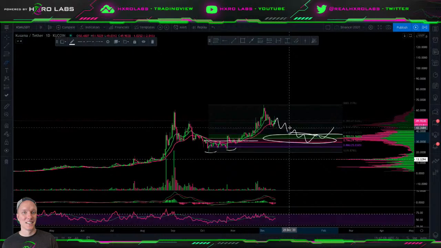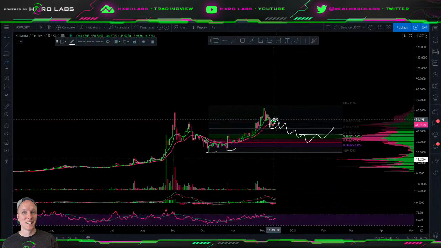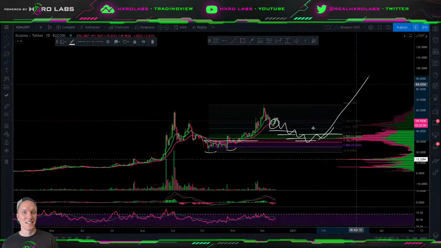I learned that a long time ago the hard way, where I get so excited and I try to rush in here and I take some size. And so I'm stopping out here and then I'm losing interest here, here, and here. And then 2 months later, I look back and I'm like, oh man, that was my reload zone. Why didn't I get along that? Oh yeah, that was my stop loss. Shit.